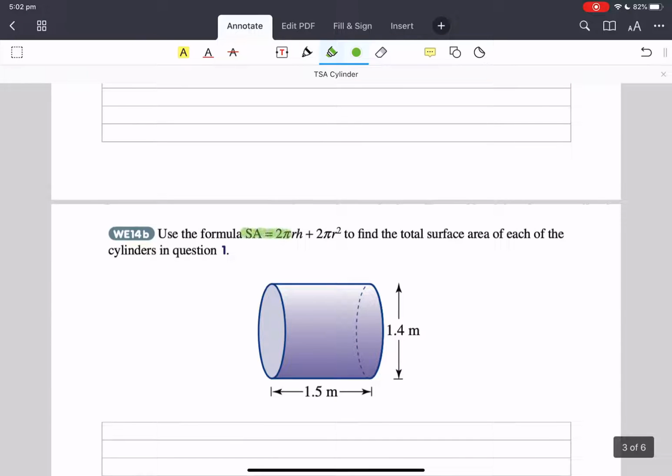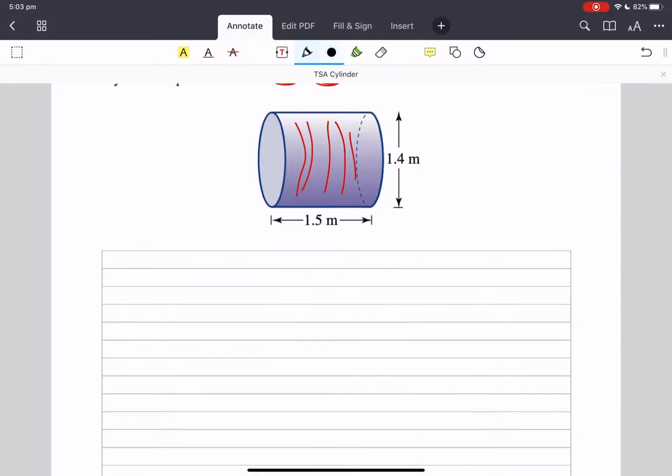We're just using that rule to find the total surface area. So we're remembering that they are two circles, and then that's the rectangle around the outside, the curved surface. So we can just use the rule here. A equals 2 pi.